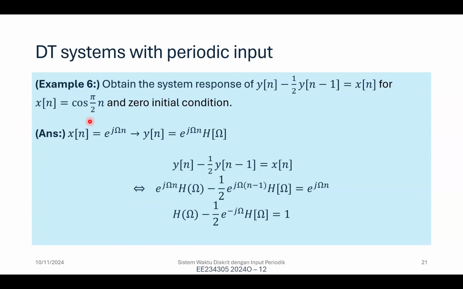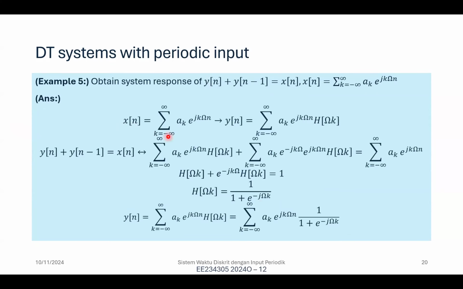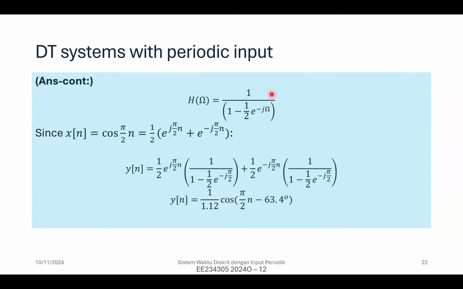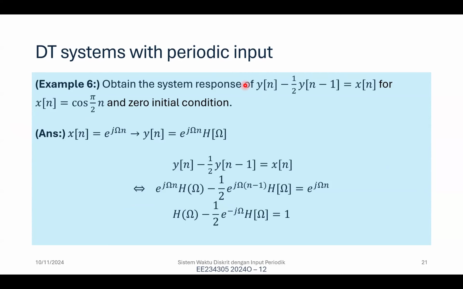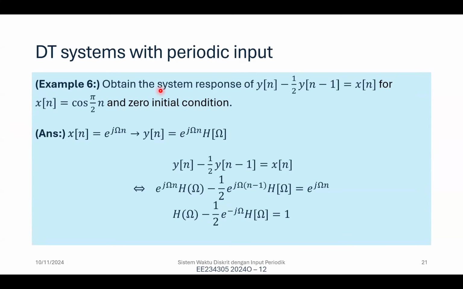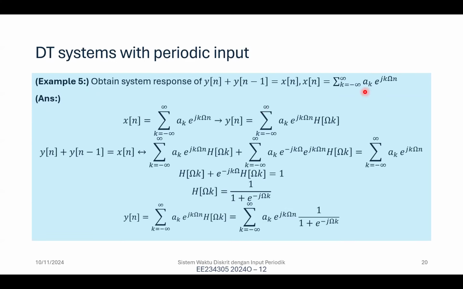So we do the same with H(ω_k). Now we have the H(ω) here. Since the input signal is already in a concrete form, cos(πn/2), whereas here it's a little bit abstract or general.